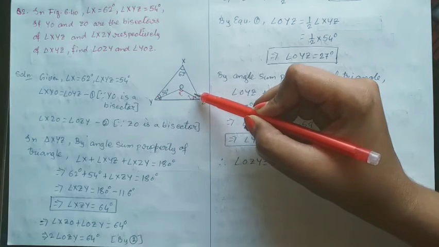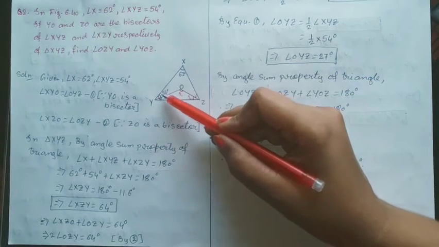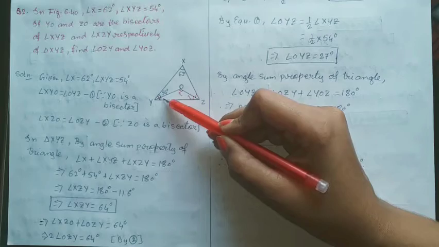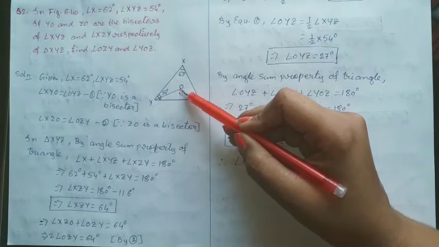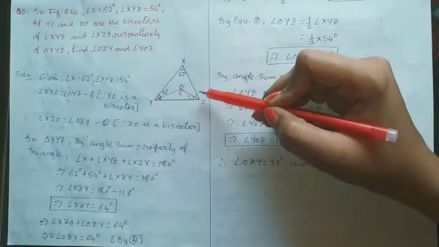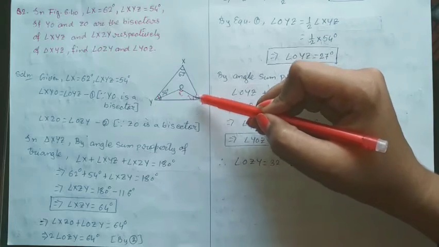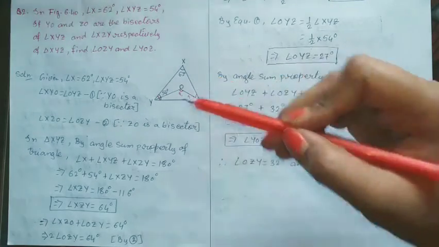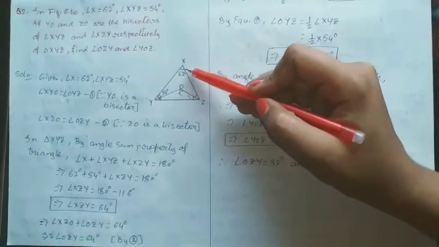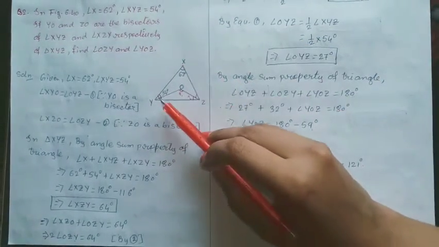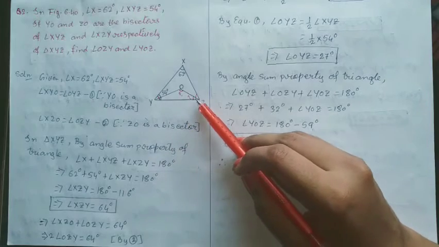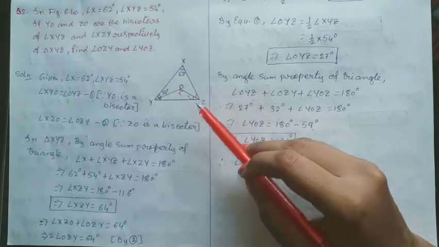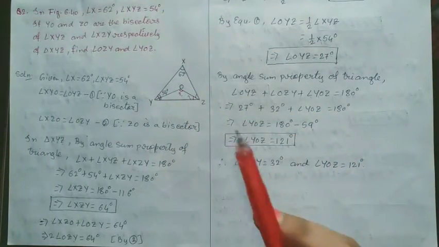If we get the value of these two angles and if we get this particular angle, then we'll get this particular value. So to find out the value of this particular angle, we have to find out the value of Z. For that, we know the value of angle X, we know the total angle Y. So naturally we can find out the value of Z using the angle sum property of a triangle.